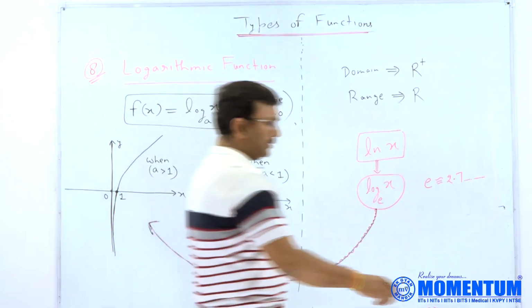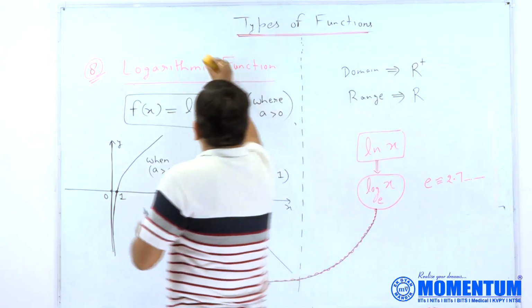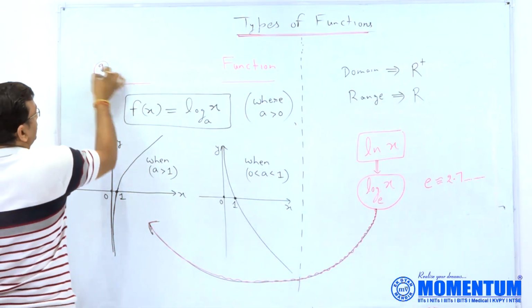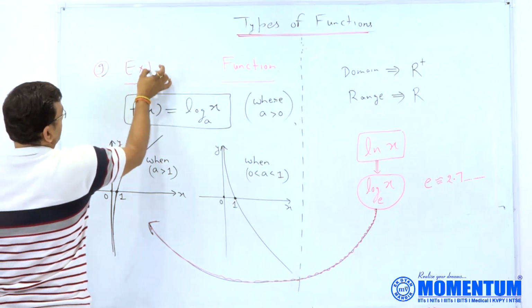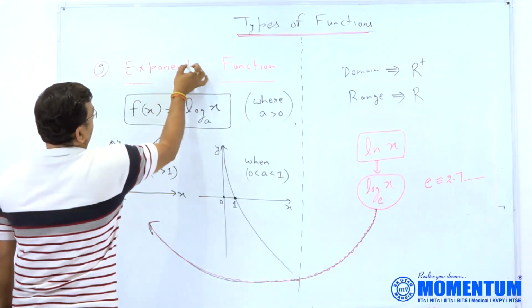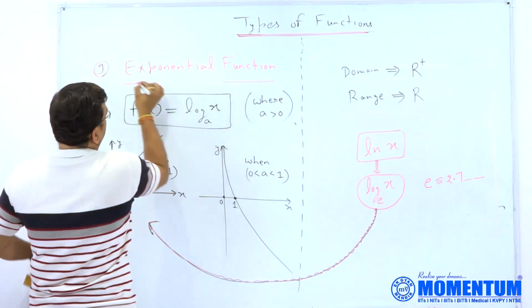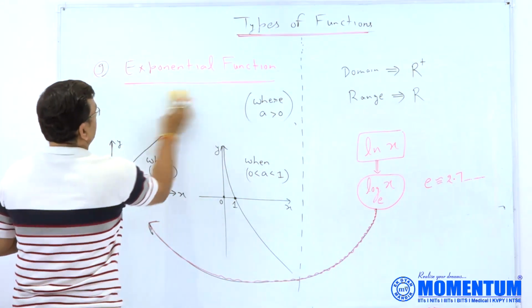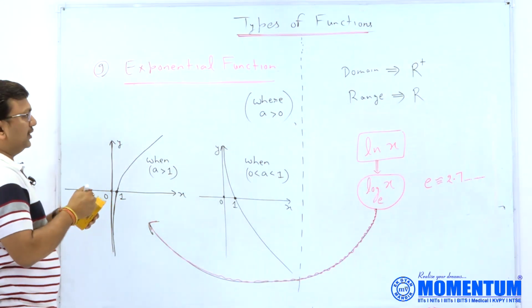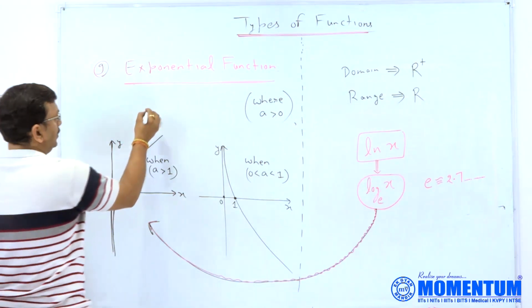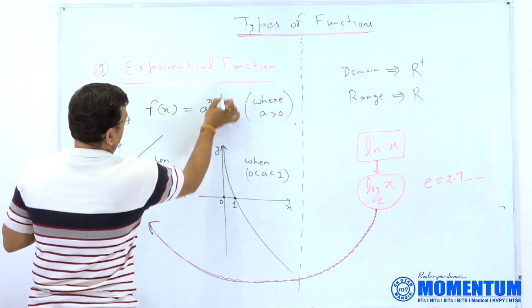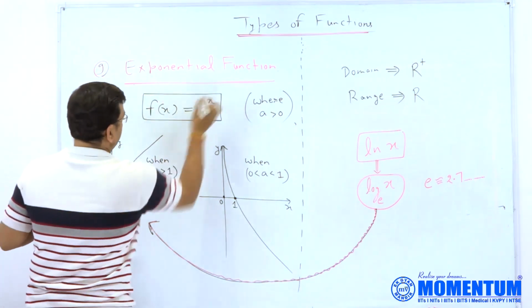Then type number 9, it is exponential function. f of x is equal to a to the power x.